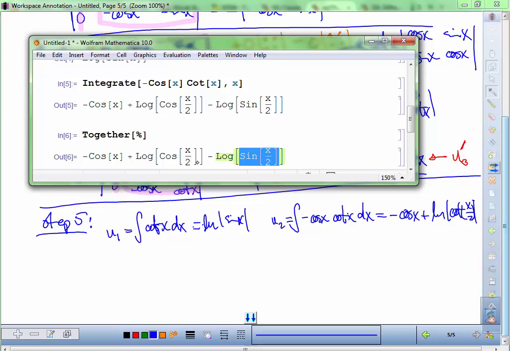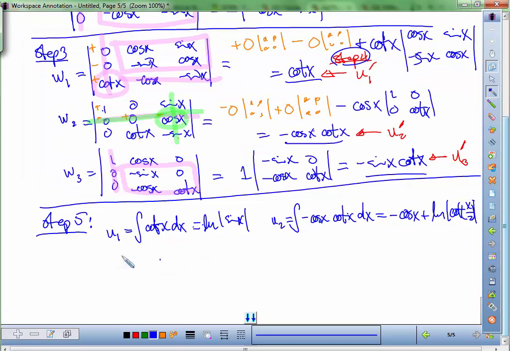This can be done by hand, by the way. Cotangent is cosine over sine, so you have cosine squared over sine squared, and you can split that up, and it'll be fun if you do it by hand. The third one is the antiderivative of minus sine x times cotangent x, which will probably be similar.